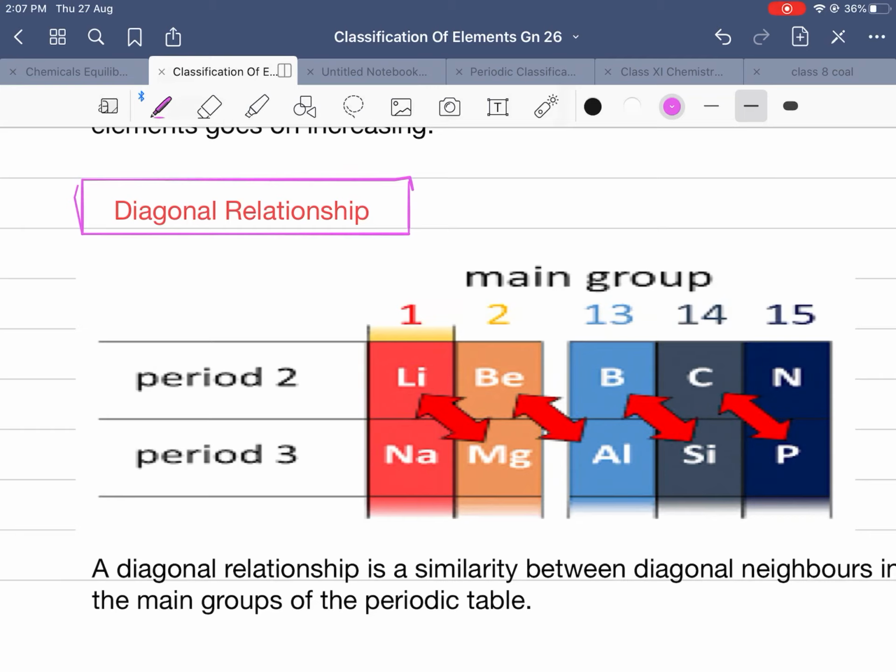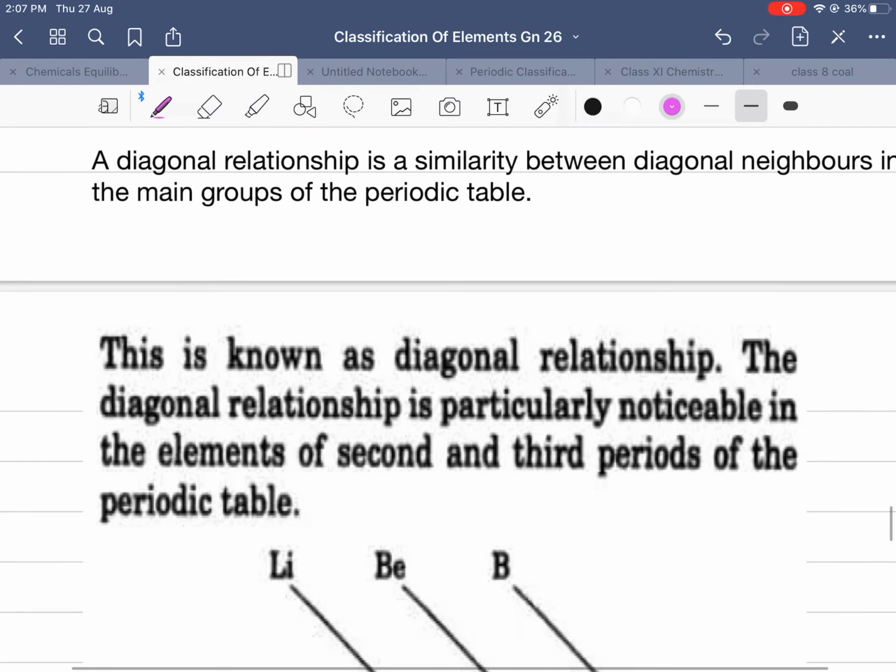It helps in making predictions about the properties of elements and their compounds. There is a diagonal relationship between lithium and magnesium, beryllium and aluminum, boron and silicon, carbon and phosphorus.